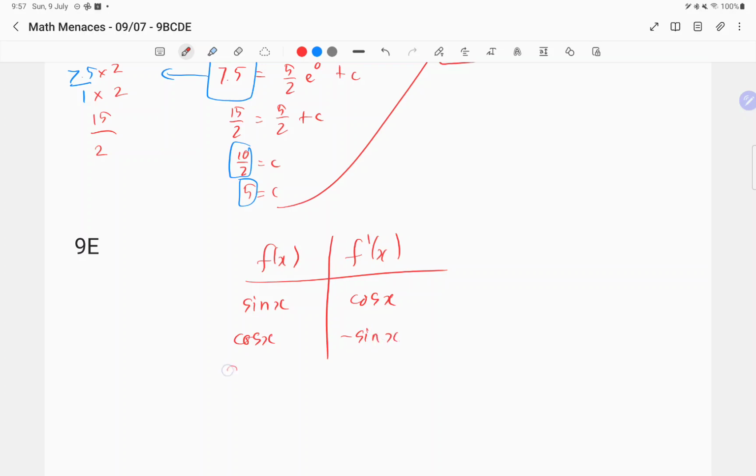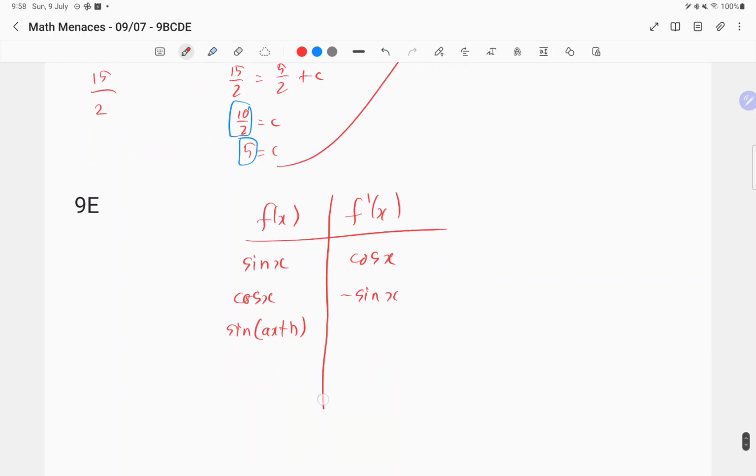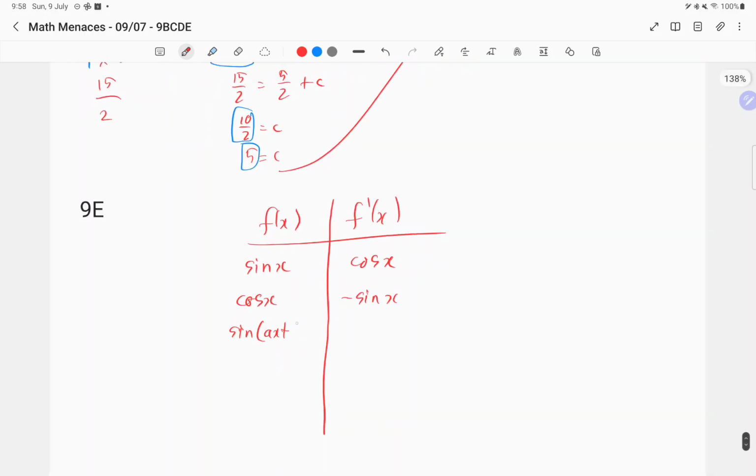Now, if you have sin(ax + b), what's the derivative? a cos(ax + b), because when you differentiate the inner function, you get just a. And when you have cos(ax + b), when you differentiate it, you get negative a sin(ax + b).